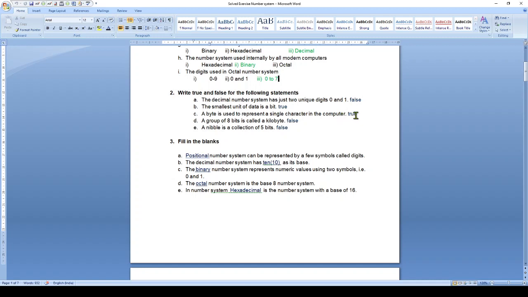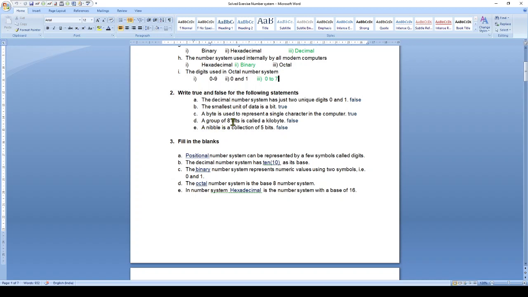To represent a single character, we need at least one byte. So each of the characters on the keyboard is represented in memory with 1 byte, that is 8 bits equal to 1 byte. 8 bits are required to represent a character.